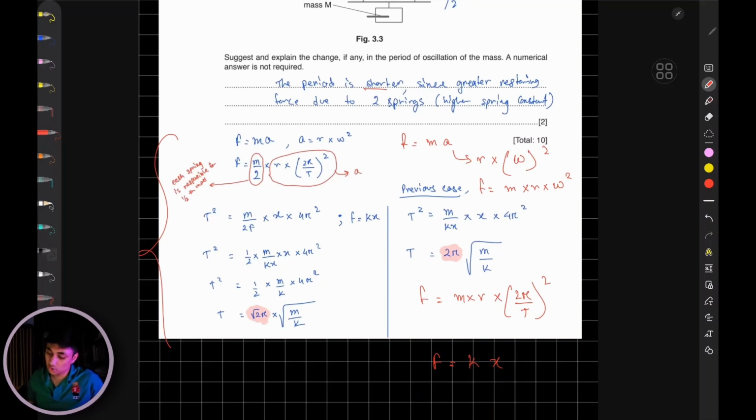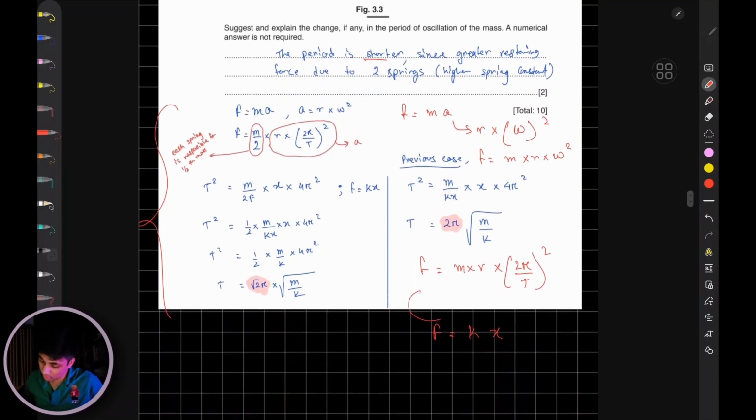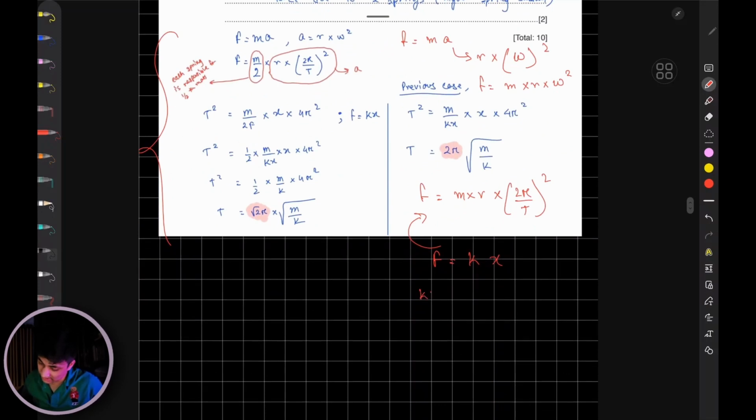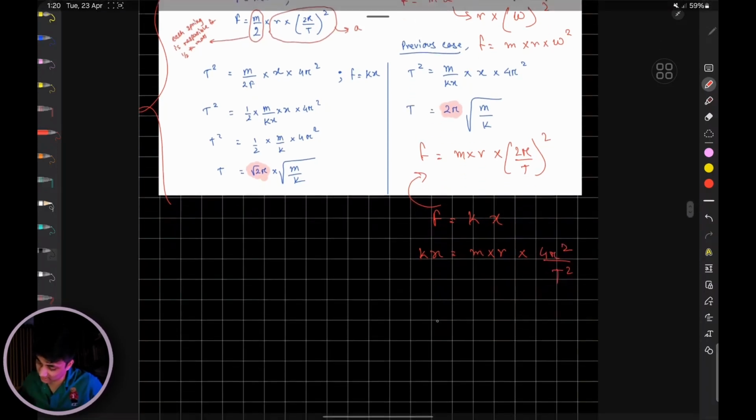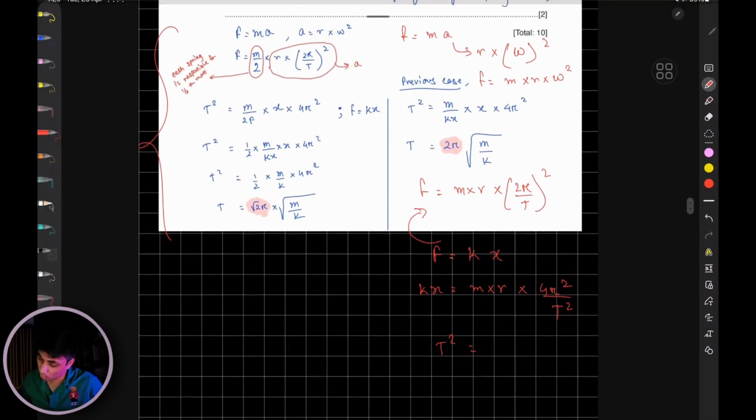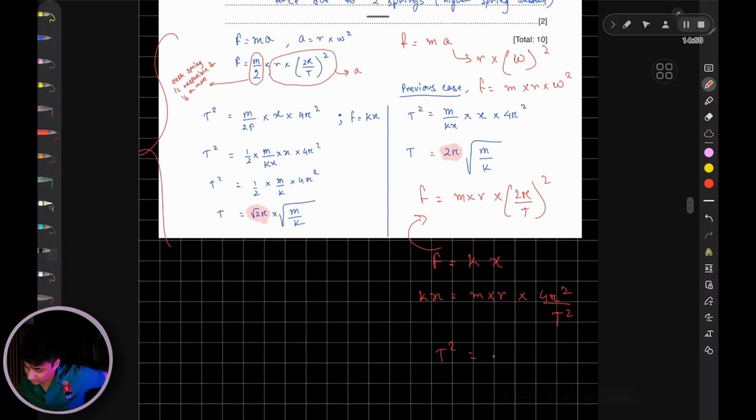So if you substitute this value over here, you're going to notice kx is equal to m times R times 4 pi square divided by time period square. If you make time period the subject, what you're going to see is m times R times 4 pi square divided by kx, right?